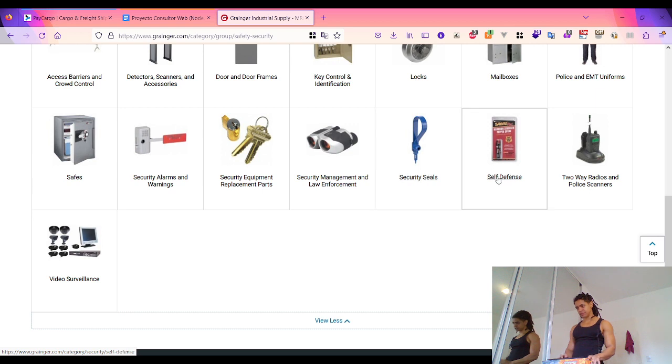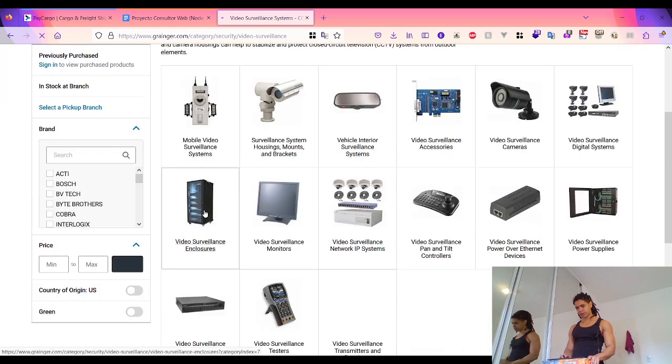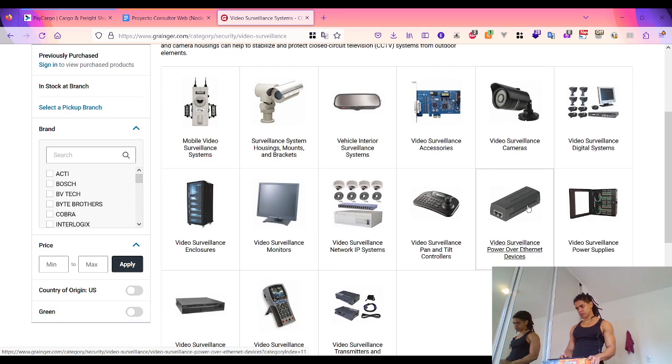Security seal, self-defense, two-way radios and police scanner, video server, video surveillance, mobile video surveillance system housing, mountain brake, vehicle interior, video surveillance accessories, video surveillance cameras, video surveillance power over internet.